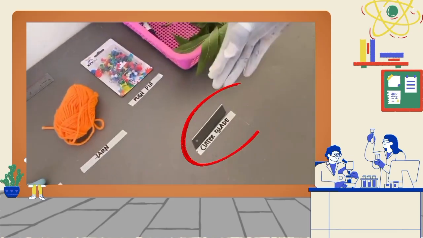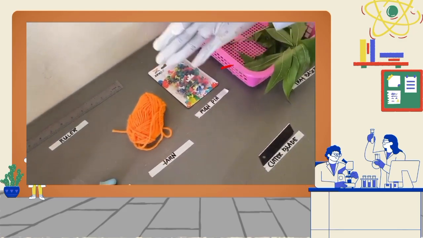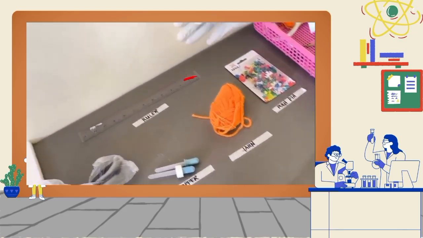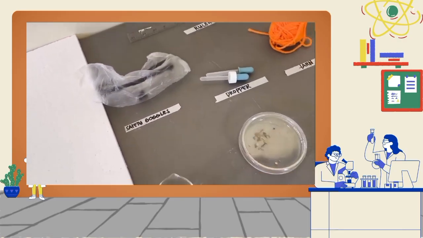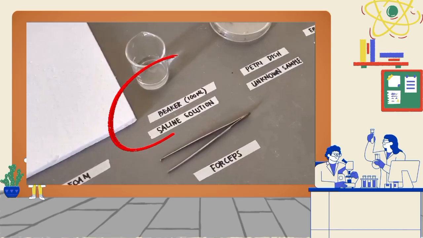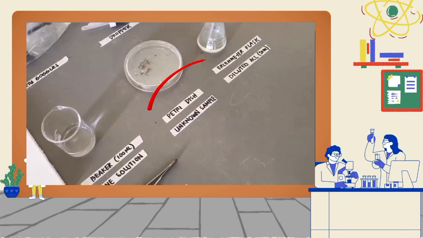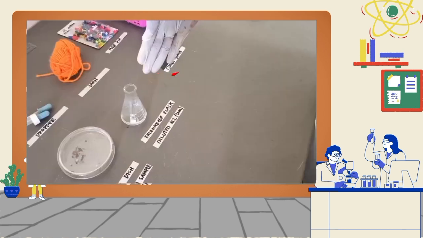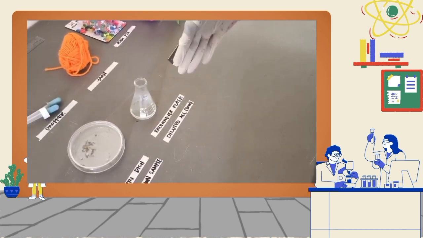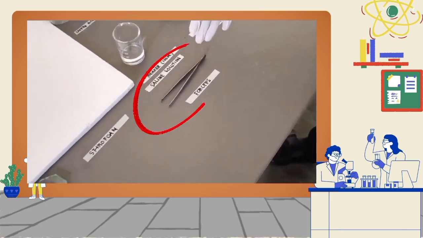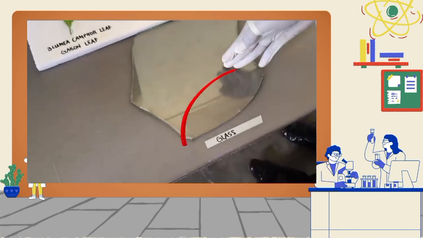We have the cutter blade, the tray basket, the push pin, the yarn, the ruler, the dropper, the safety goggles, the beaker, which includes the saline solution, the petri dish, which is the unknown sample, the Erlenmeyer flask with diluted HCl 50 ml, the forceps, the styrofoam itself, the glass.